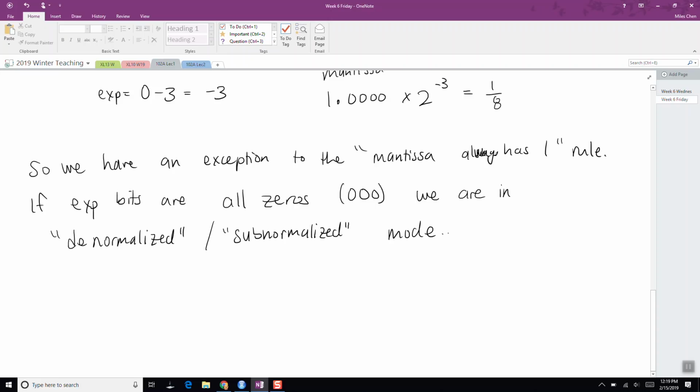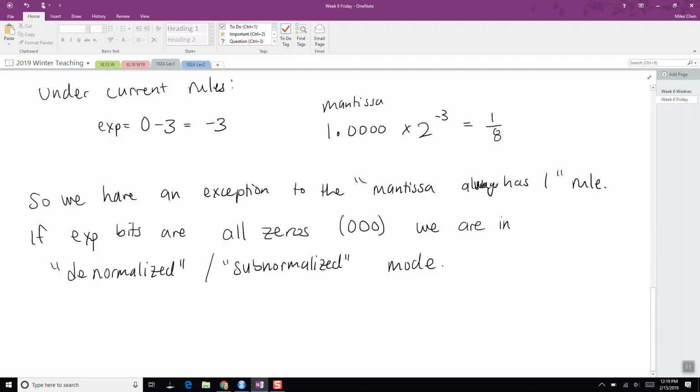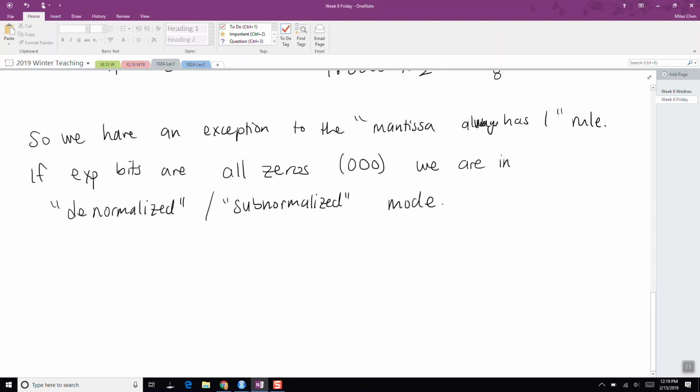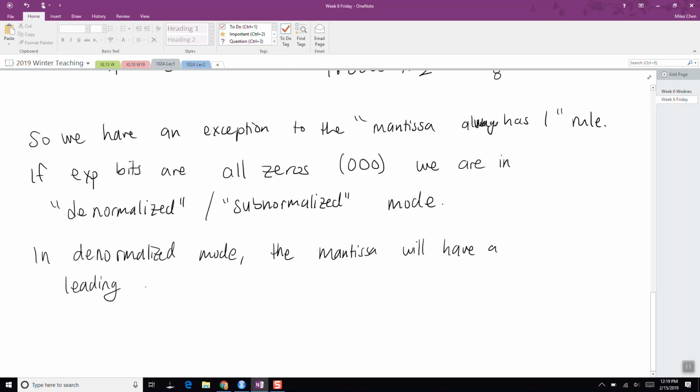And what this means is the leading digit in the mantissa will be 0, okay? But to avoid some other issues, we have to modify our bias, okay? So in denormalized mode, the mantissa will have a leading digit 0.